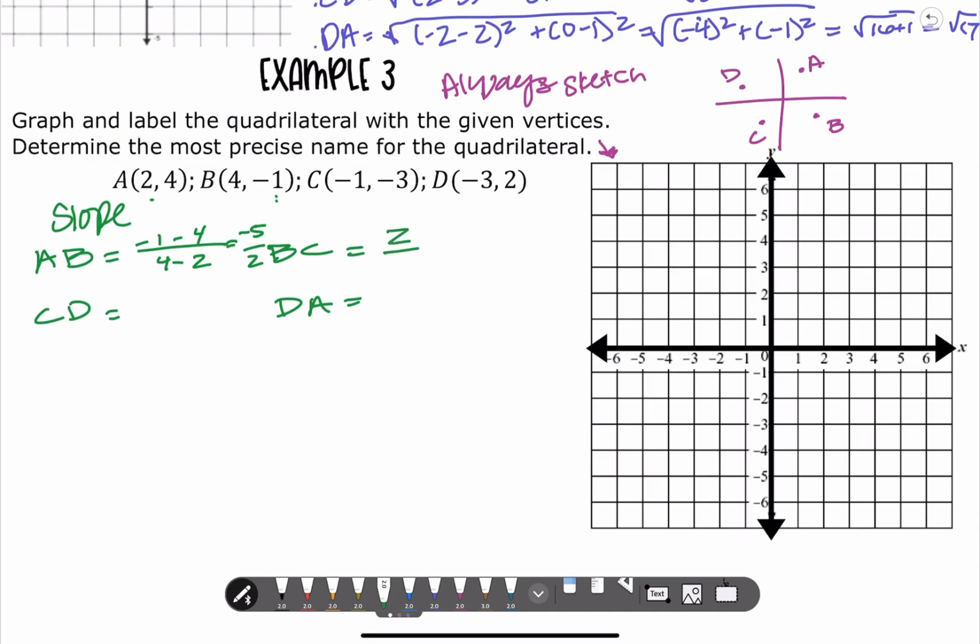All right, so now that you're back, I've got my slopes down of each of my sides. So something that you will notice, and I noticed, is that, oops, forgot a little symbol there.